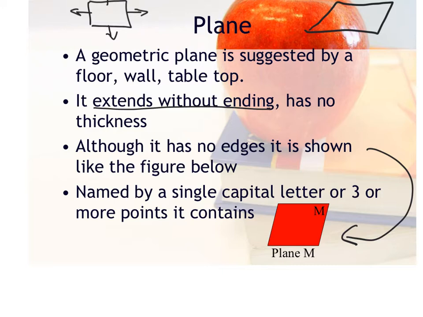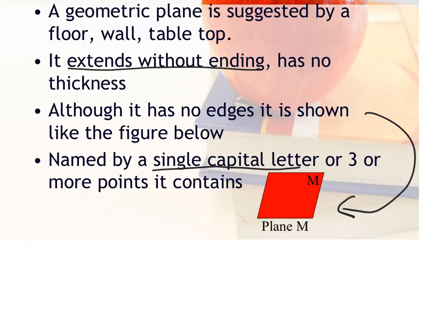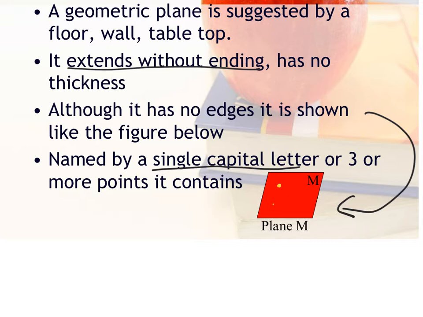You can name a plane by a single capital letter, so there won't be a point next to it. Usually it's in cursive or in italics, or 3 or more points that are on that plane. So let's say I went ahead and added 3 points on here. I call them A, B, C. I can also name this plane, let me do it in a darker color, plane ABC.